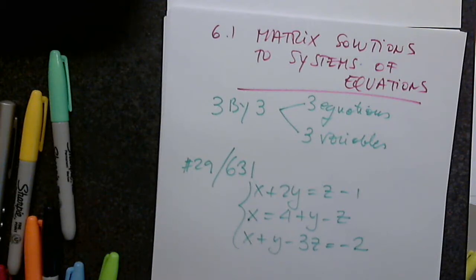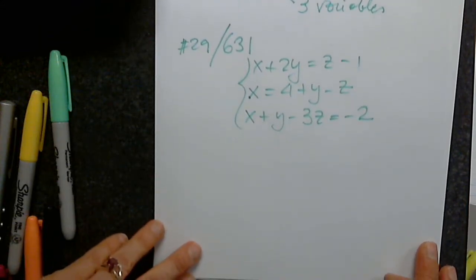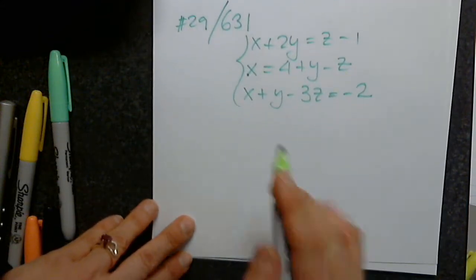Look at the system and please tell me, I know what you have to do first, mandatory. Line them up. Say it again. Line them all up. Exactly. Line them up. X under x, y under y, z under z, equal symbol, and a free term.